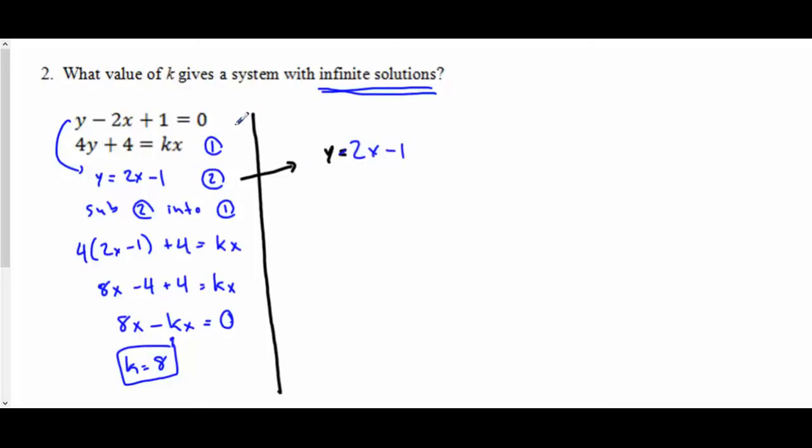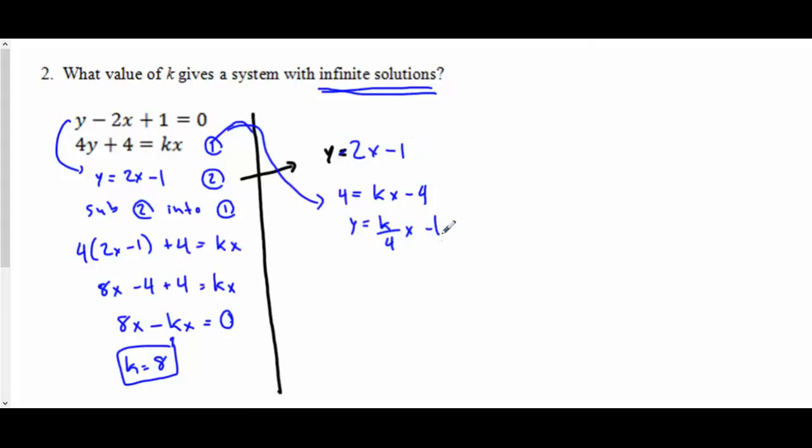And if I took my other equation and rearranged it, then I would have 4y equals kx minus 4. Divide those by 4, y equals k over 4 x minus 1.